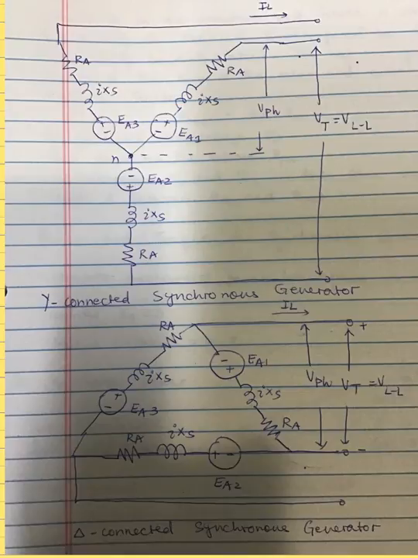One thing you notice in each case is that each phase of the winding is represented by a resistance, an inductance, and then the induced voltage in each phase. So under balanced conditions, each phase presents the same circuit as every other phase.